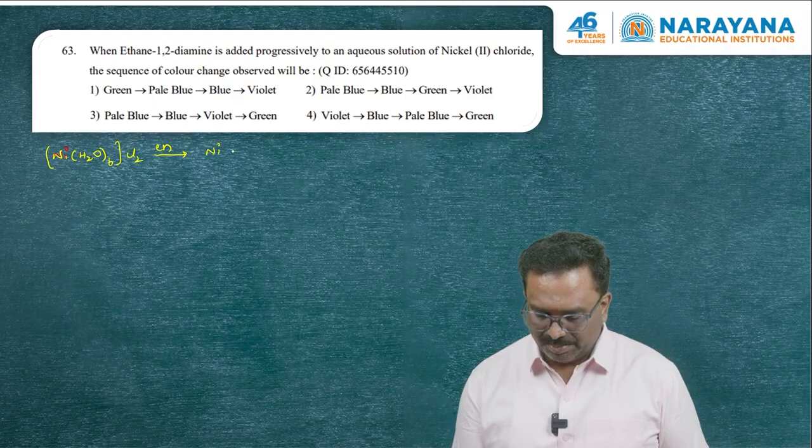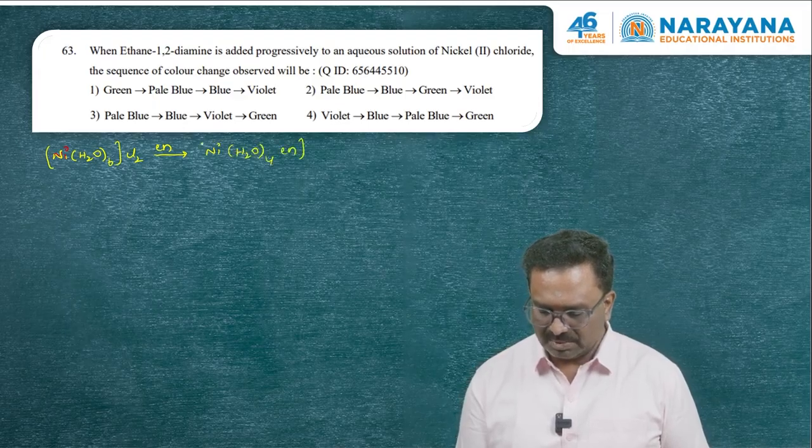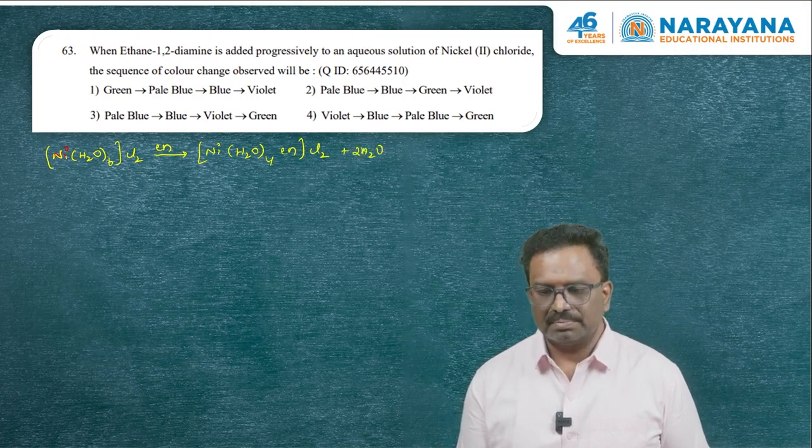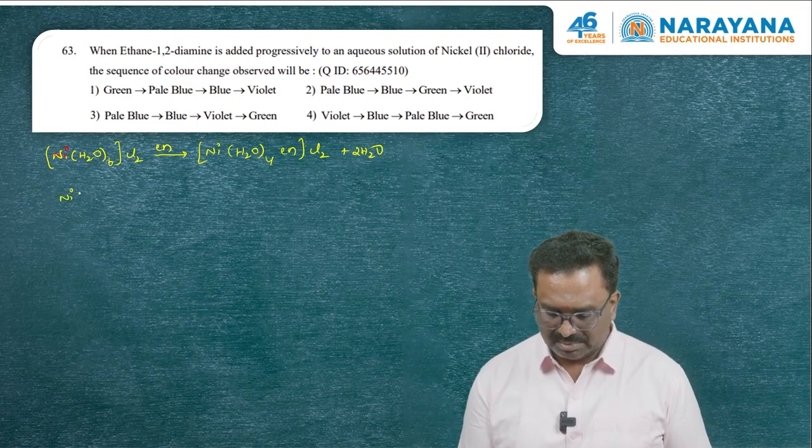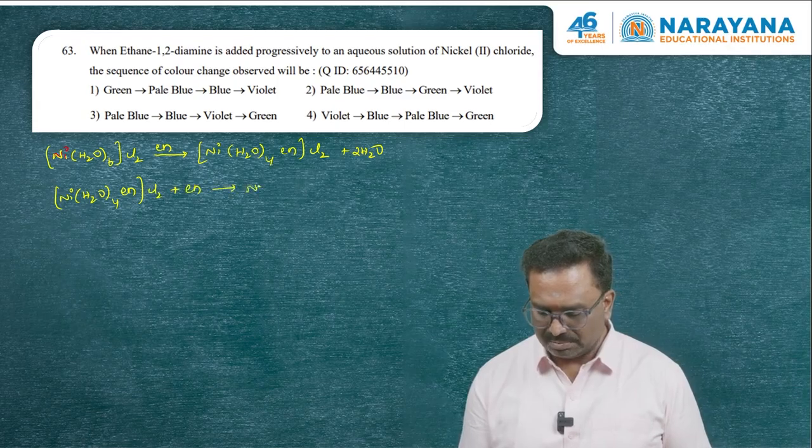Here en replaces two water molecules because en is a bidentate ligand. Then Ni(H2O)4 ethylene diamine again reacts with one more molecule.